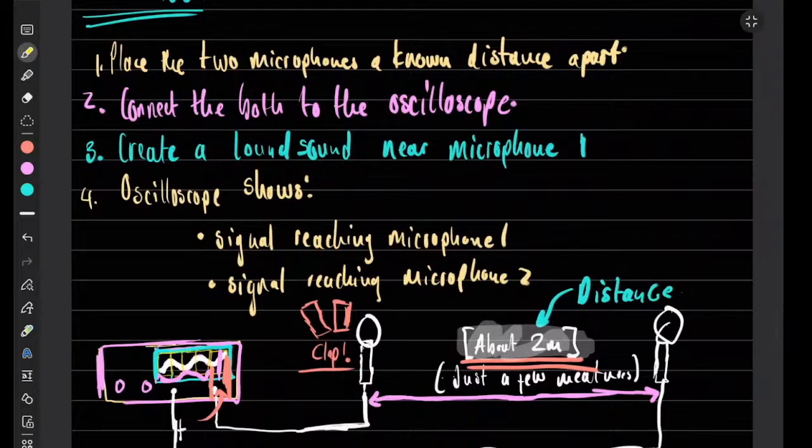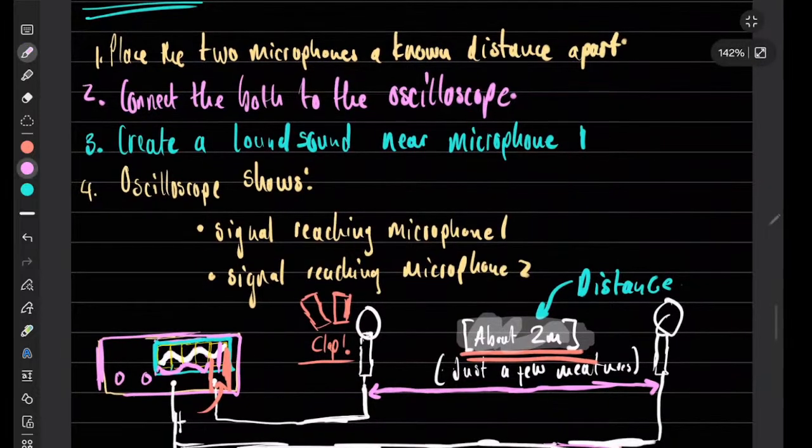Okay. Create a loud sound near HF. Oscilloscope shows signal reaching microphone 1, signal reaching microphone 2. Okay? Or you can say the time. Oscilloscope shows the time at which signal reaches microphone 1 and the time at which signal reaches microphone 2. But sir, it doesn't show the time.